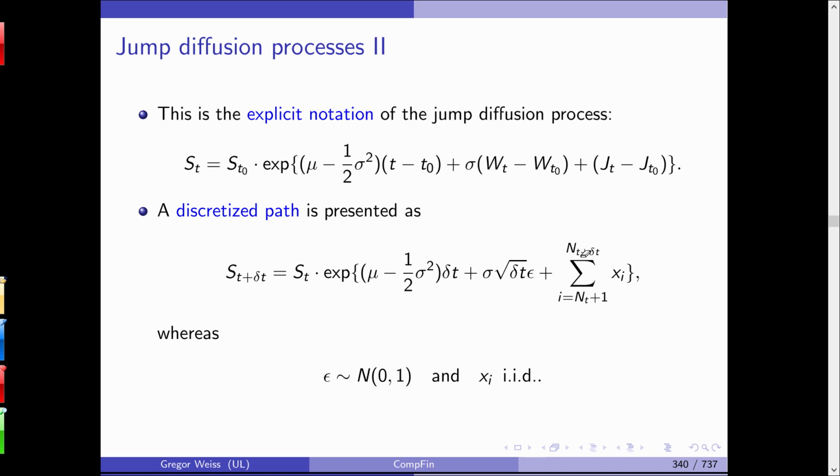In explicit notation, this jump diffusion process can be written as S_t equal to S_0 times the exponential function, and so on. And you can see that in the end you have this difference in the jump process.